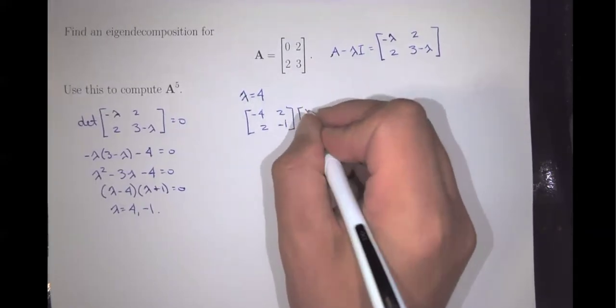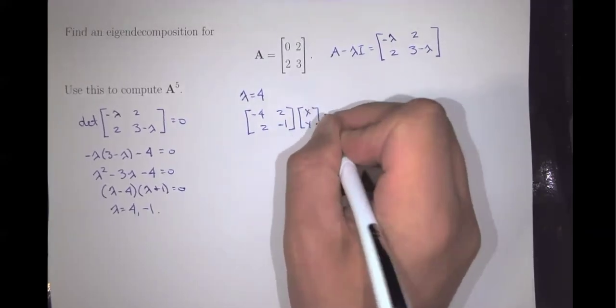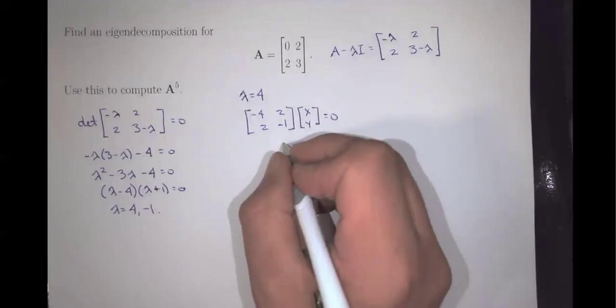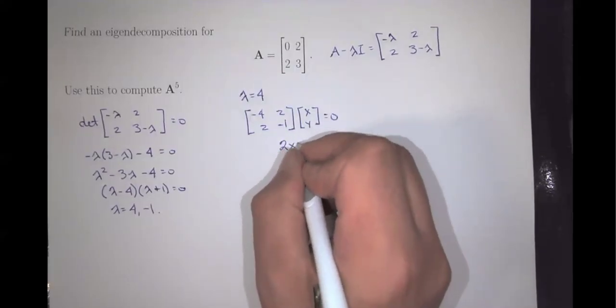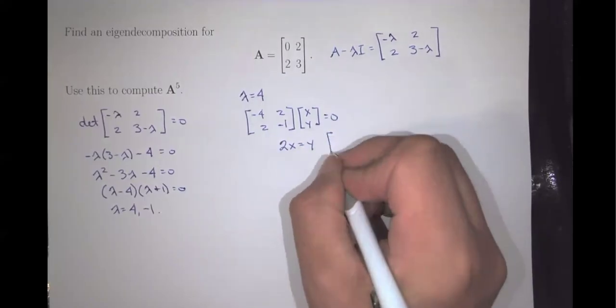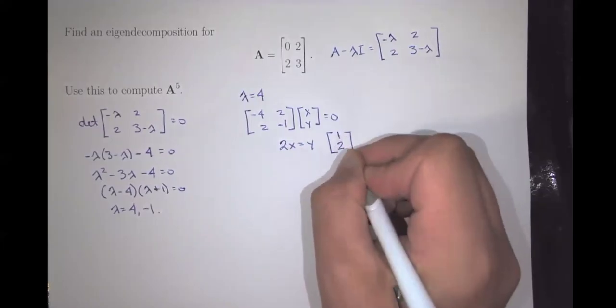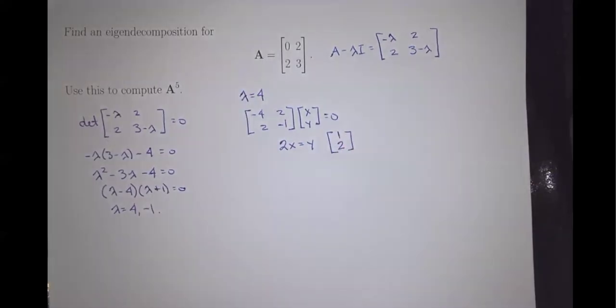This times x, y has to be 0 because Ax is equal to lambda times x. So as a result of this, you can see that this gives us a system of equations: 2x is equal to y. And so we get the eigenvector x is equal to 1, y is equal to 2. That satisfies this equation.